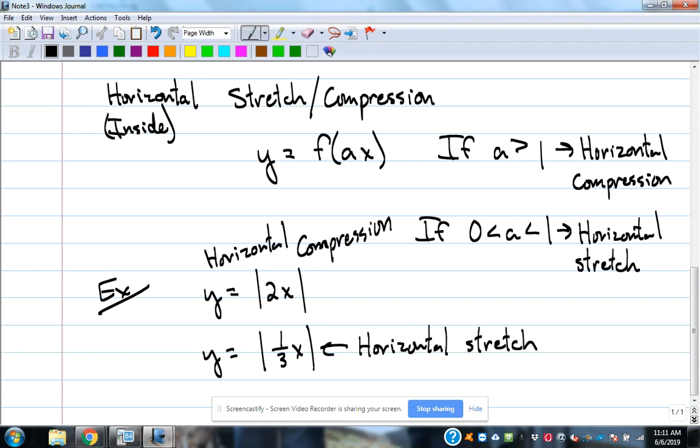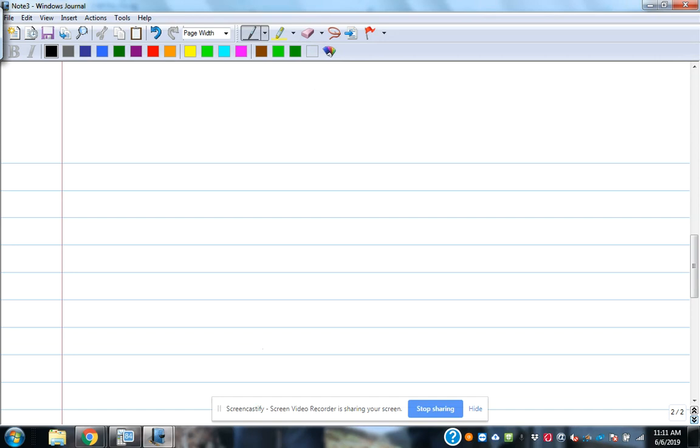Let's look at another type of graphing generalization, and that's a reflection. Reflections are like taking something and reflecting it across an axis. If I reflect something across the x-axis, it moves it vertically.